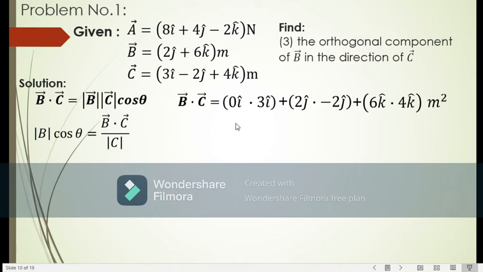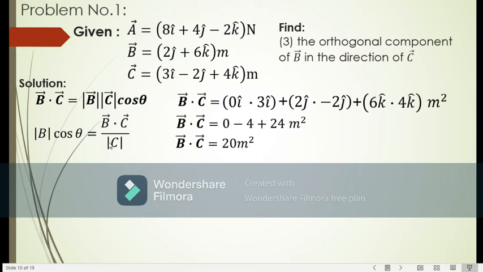The unit is meter squared. Simplifying B dot C, we have 0 times 3 is 0, plus 2 times negative 2 is negative 4, plus 6 times 4 is 24. So B dot C is equivalent to 20 meters squared.